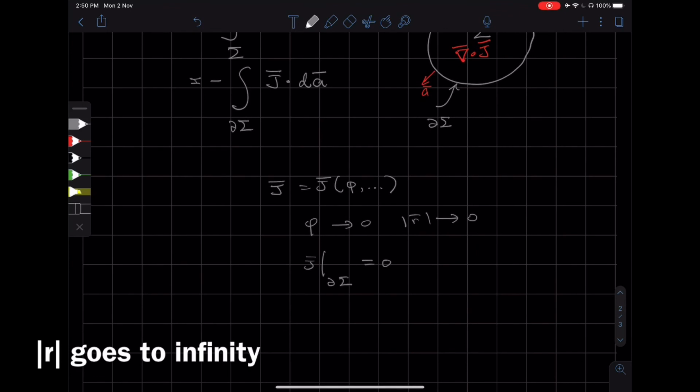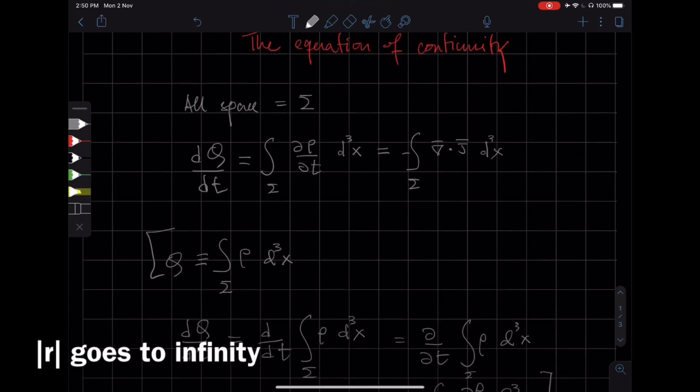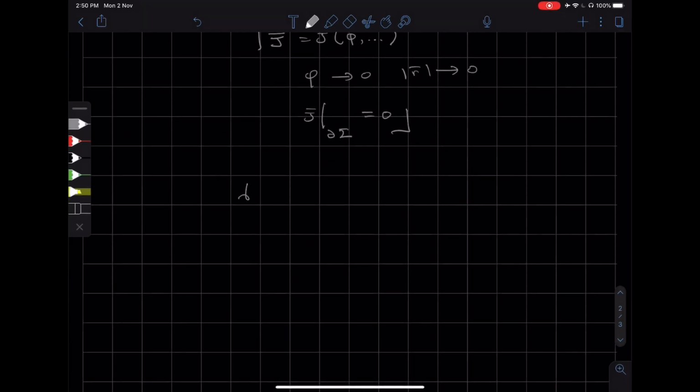And therefore, this right-hand side evaluates to zero. So if you put these in our integrated equation, we find that dQ/dt, the derivative of the total charge, is zero. The total charge is independent of time. That is, it is a conserved quantity. So this is the connection that I wanted to point out between a conserved current and a conserved charge.